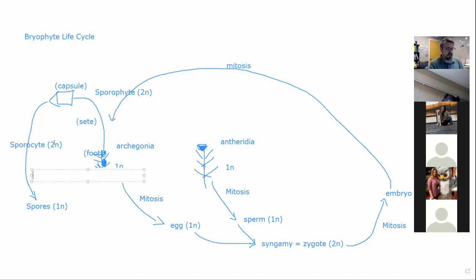Great. And I'm going to just put this here. Okay. So we've created spores, and spores develop into gametophytes.